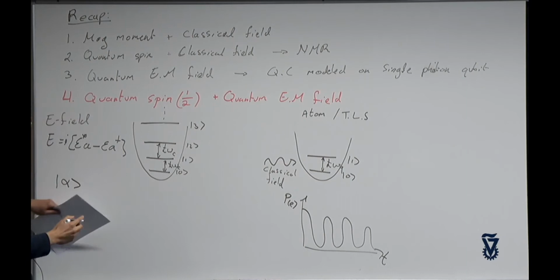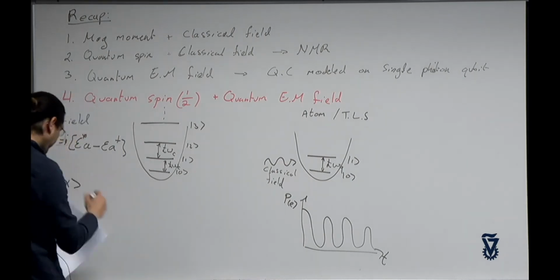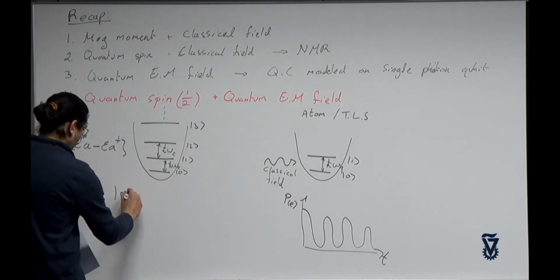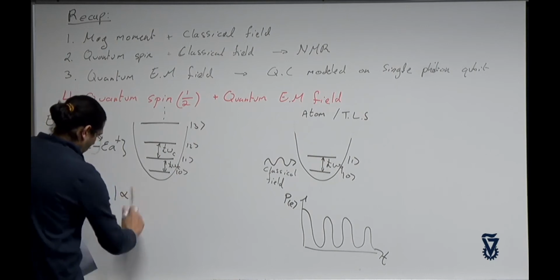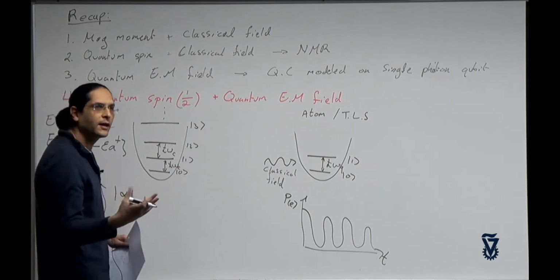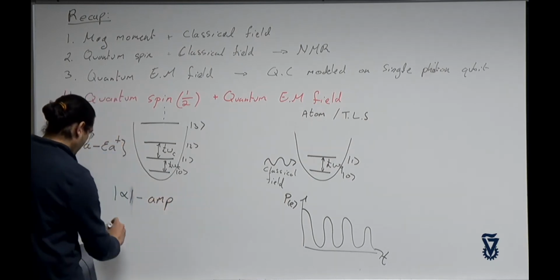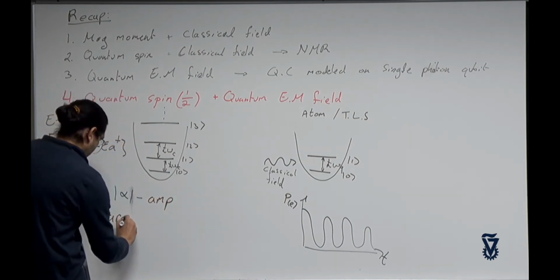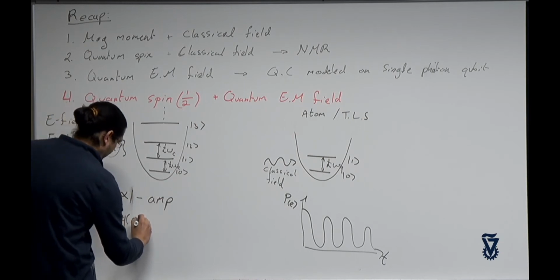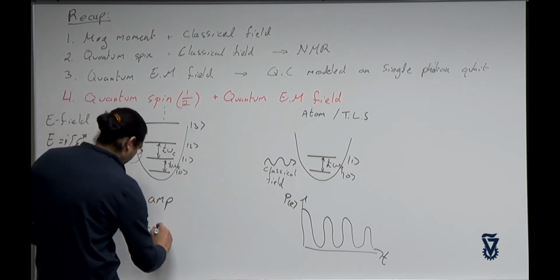This is the state alpha, where the magnitude of alpha, in resemblance to a classical oscillator, was the amplitude of the oscillation, and the argument of alpha, the angle, was the phase of the oscillation.